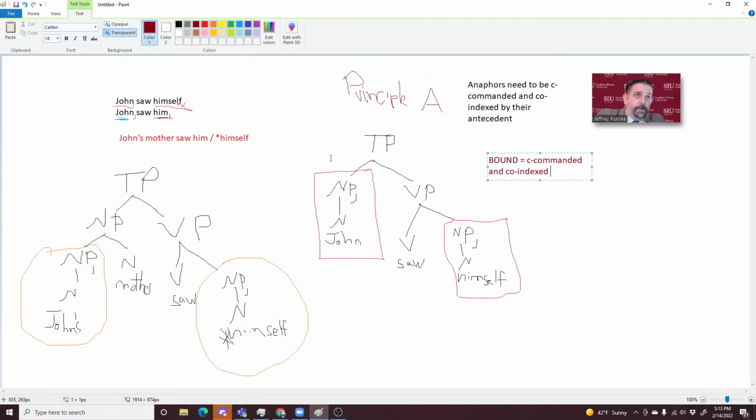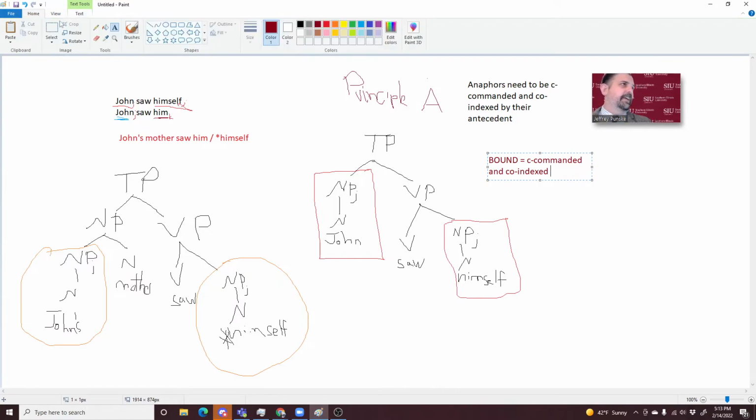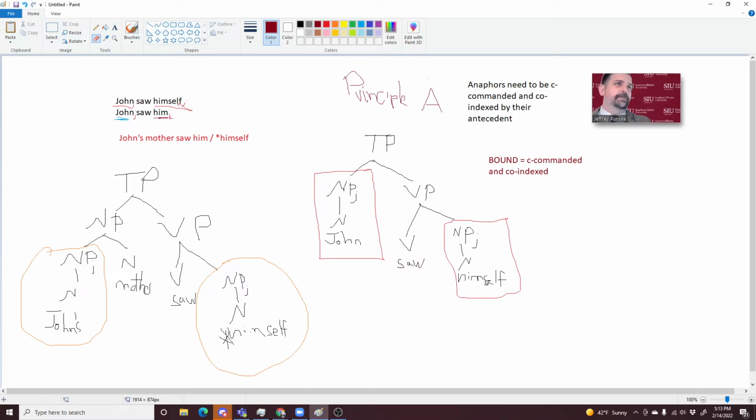So I want to look now at our other example that we have up here, which is our pronouns. So what's going on with our pronouns? And we can actually deal with these pretty easily with the trees we've already got. I'm just going to boop, boop, boop. Bye-bye, self.